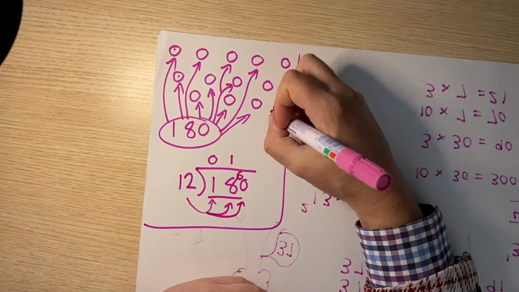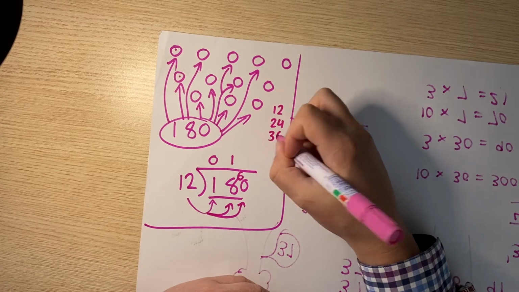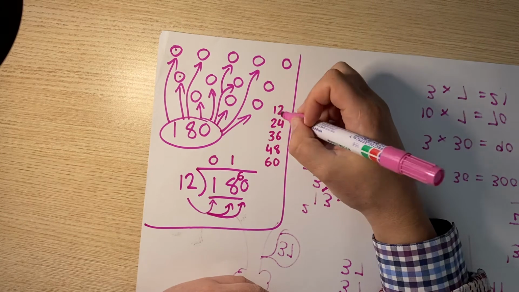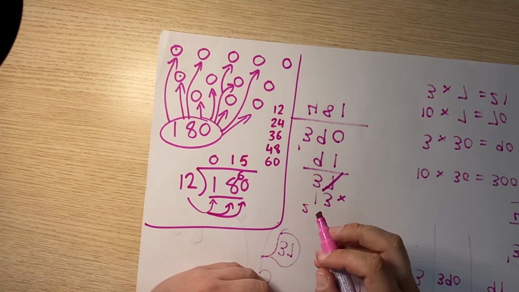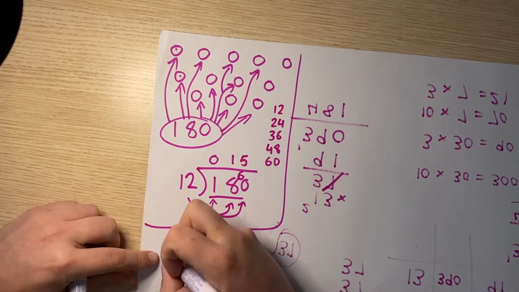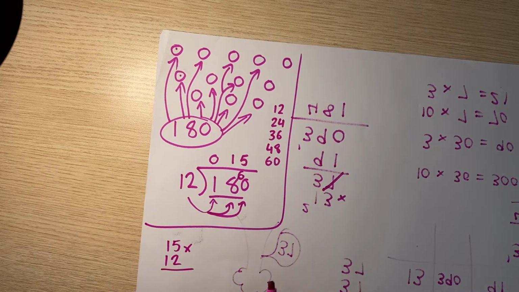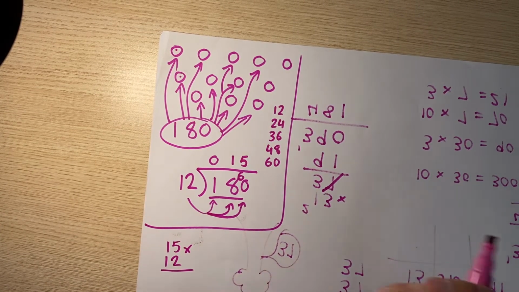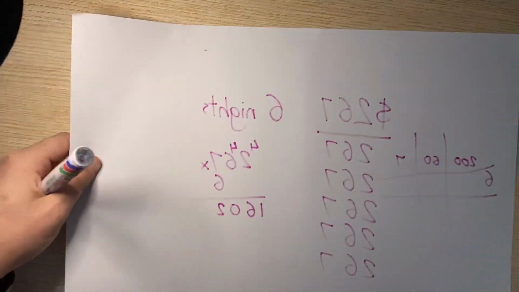So we might write out the 12 times tables. 12, 24, 36, 48, 60. So 1, 2, 3, 4, 5. So the answer is 15. And the way that we can check that is by doing 15 times 12. And that way it'll tell you if your answer is correct. It's always a good way to do the inverse to see if your answer is correct. Next question.